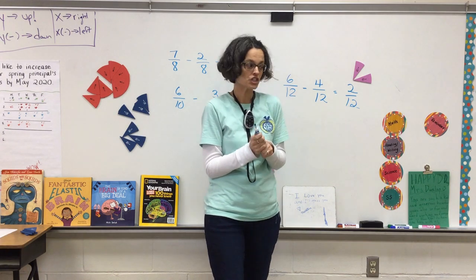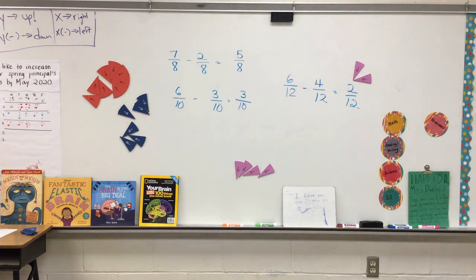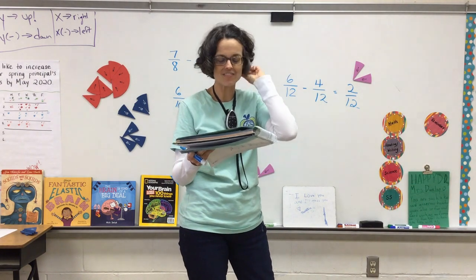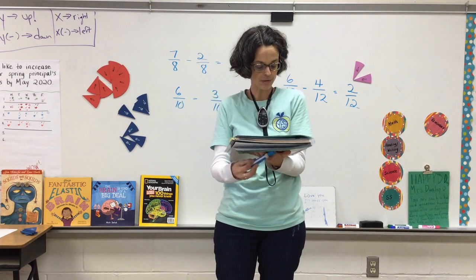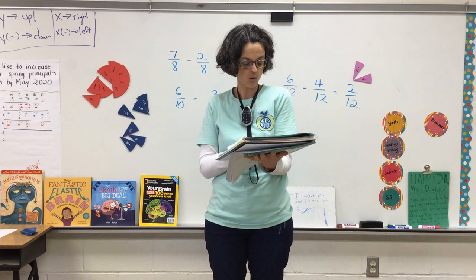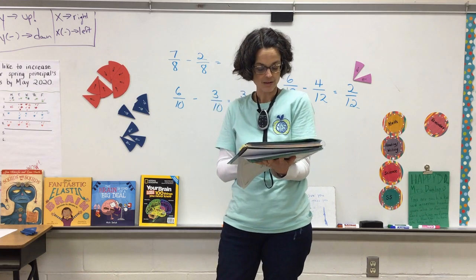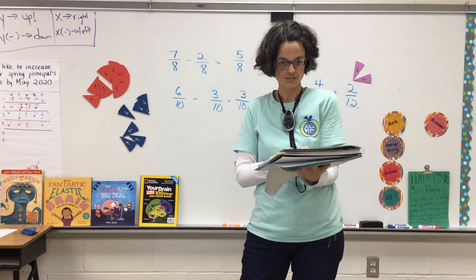All right, so here's what you're going to do. You should have page 487 already pulled out. Okay, I want you to circle a few problems. I want you to circle number 4, number 5, number 6, and number 7. 4 problems.